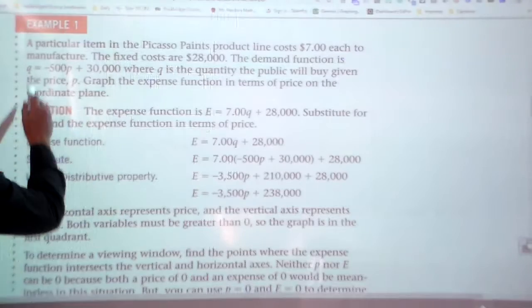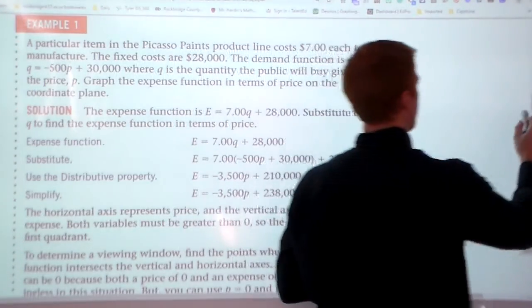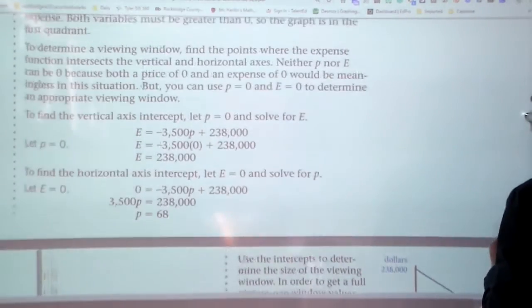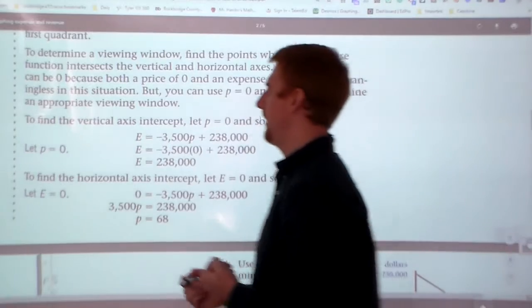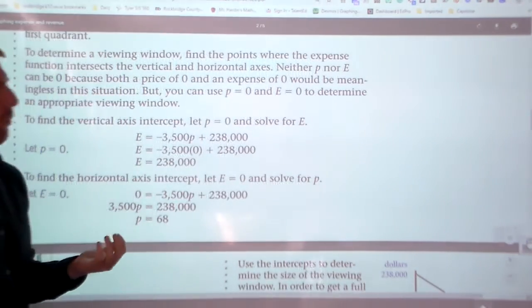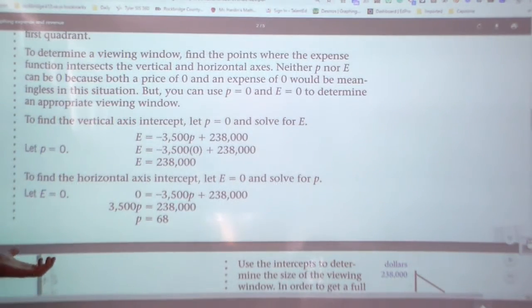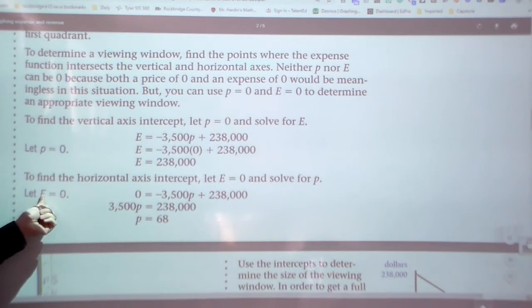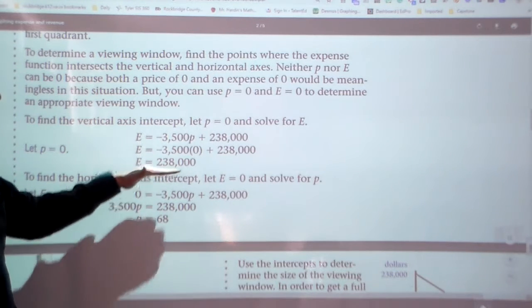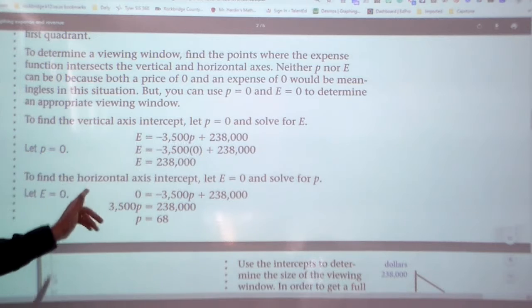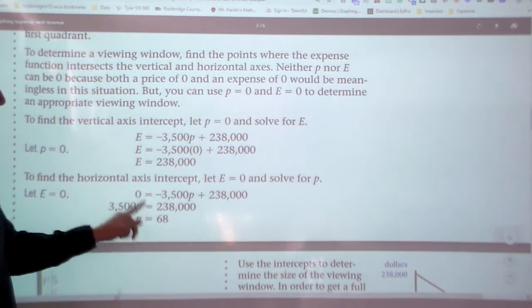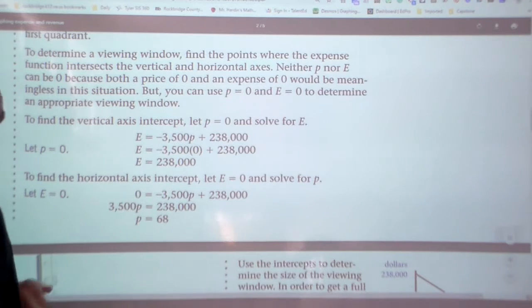If you want to do it correctly, get down the page a little bit. They show you how to find the x-intercept. Well, the x-intercept happens when y is 0. In this case, that's the expense value. We graph this for the y-axis, we graph this for the x-axis. So if that's 0 and you solve for it, the price is $68.